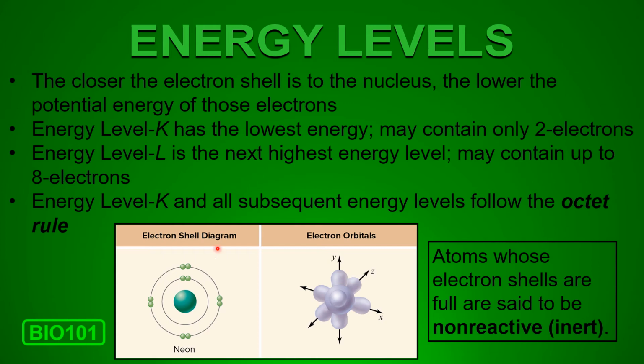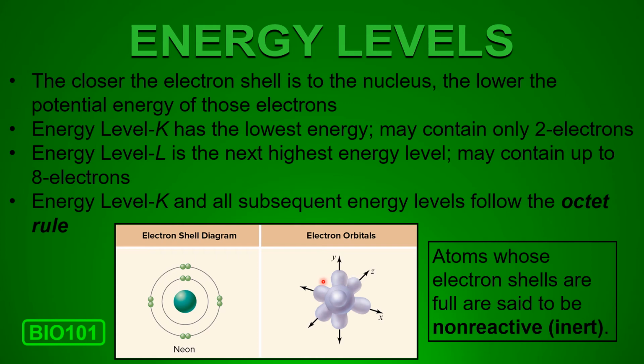And so energy levels L, M, and O can hold a maximum of 8 electrons. And when that shell is full, when you have 8 electrons out there, then we say that that energy shell or energy level is following or concurring with the octet rule. Alright?